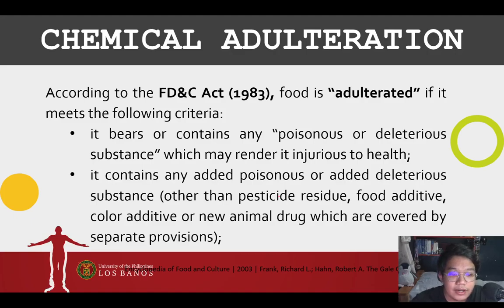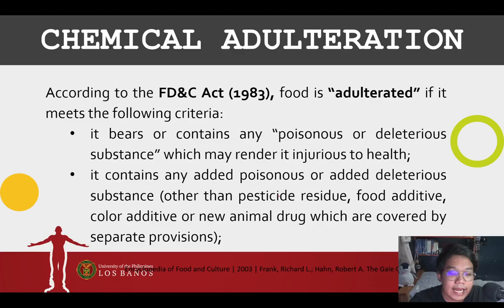First, it bears or contains any poisonous or deleterious substance. So kapag ito ay poisonous, meaning antagonistic yung effect. So kapag meron tayong substance present dun sa ating sample that has an antagonistic nature, adulterant yung tawag din sa kanya or considered siya as adulterant.